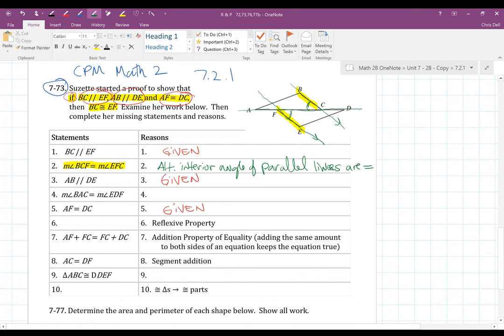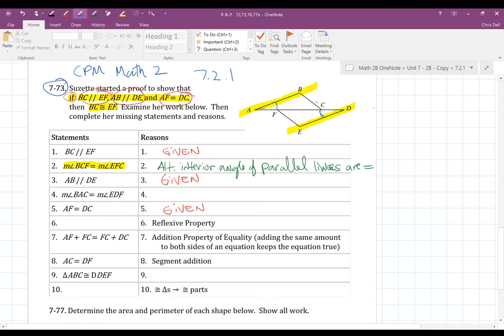All right, then from there, we have another statement. I'm going to erase my work because I'm now going to highlight the other piece here, which is AB. It says AB is parallel to DE, and from there it says that angle BAC, that's this one here, and angle EDF, this one here, are congruent, are equal. Why?